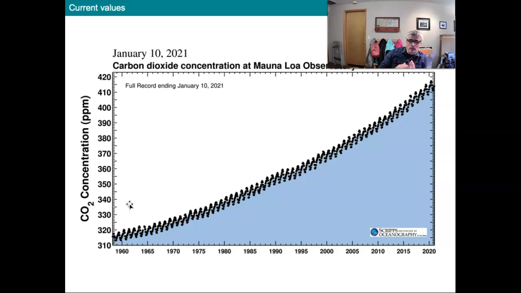And so this alternation of high carbon dioxide, low carbon dioxide within the year is driven by the distribution of land. And so there's more land in North America than there is in not North America. There's more land in the northern hemisphere than there is in the southern hemisphere. So during our northern hemisphere summer, there's more photosynthesis going on, more carbon dioxide being absorbed.